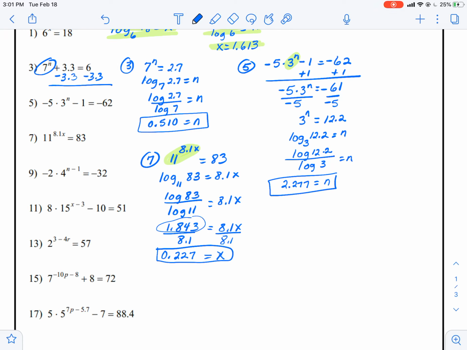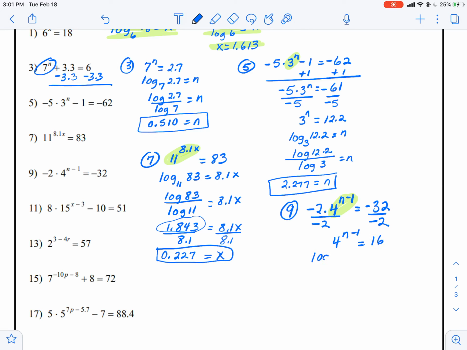Okay, let's go ahead and do number 9. Negative 2 times 4 to the n minus 1 equals negative 32. Again, this is my function. I like to highlight that so that I know which piece I'm solving for. So in this case, I am just going to divide off, get my exponential.